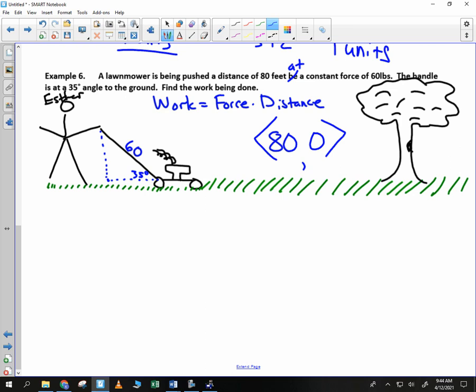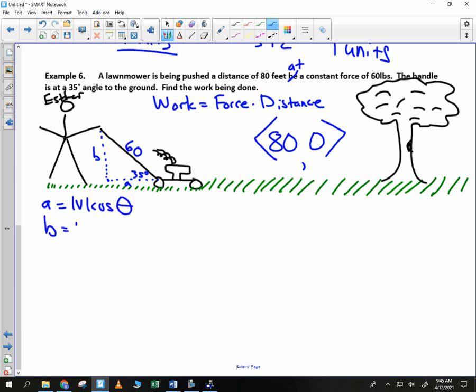Now I'm going to do it one more time. I'm going to call this B. I'm going to call this A. But can somebody think of a trigonometric function that deals with both A, 35, and the hypotenuse? Cosine. And we said that A was equal to the magnitude of the vector times the cosine of theta.